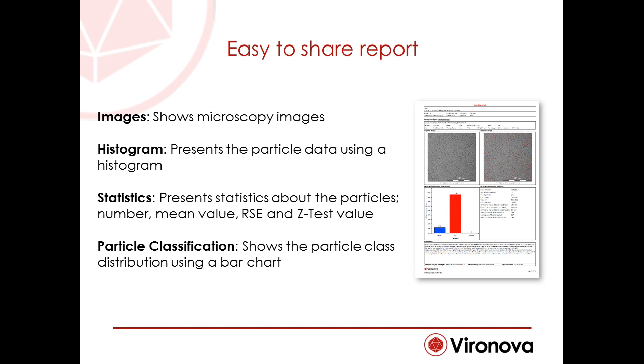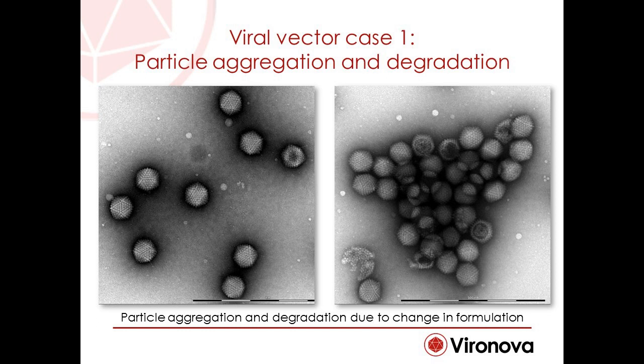Due to the short time of this webinar, let me jump into some case studies where we start with viral vectors. In this first case study, it was done on adenoviruses, and we looked into samples with different formulations.